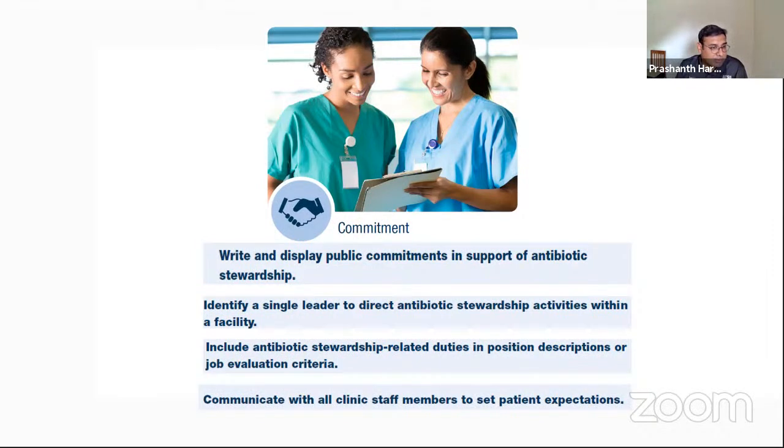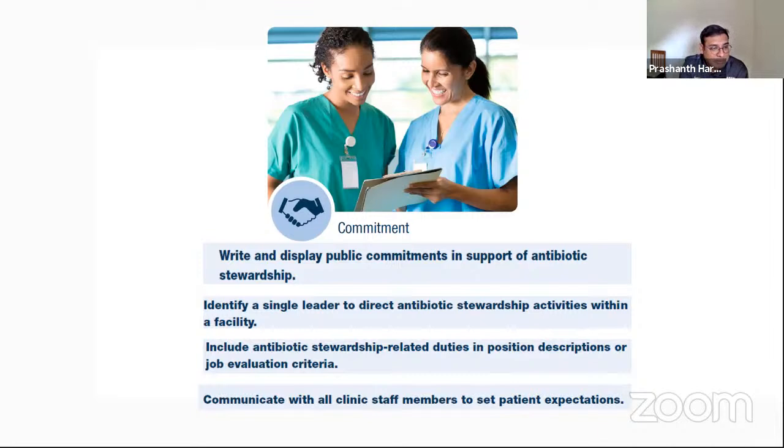Let the patients know that we are striving so hard to take care of them, not just by randomly prescribing some antibiotic. Identify a single leader within the facility. So, like appointing somebody in the institution who could be a monitor to spearhead growth of that particular program, and also create a position for an antibiotic stewardship director, like a person who will monitor that and who will actually come up to you and say, hey, you inadvertently prescribed this medication to this patient and we don't think as a committee it was required.